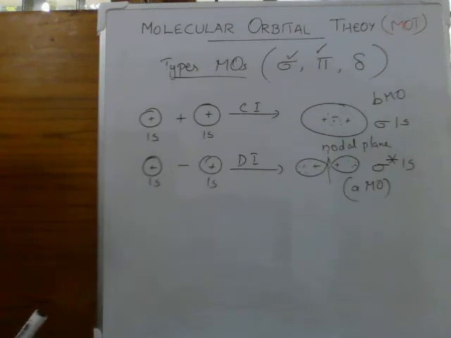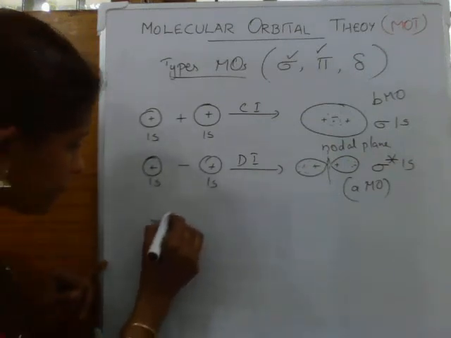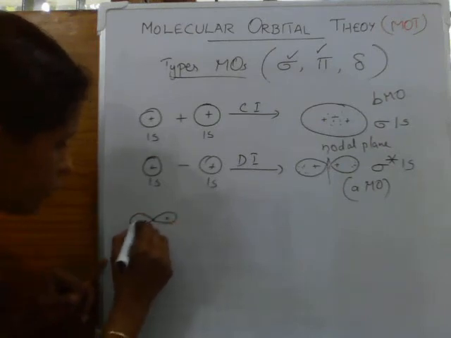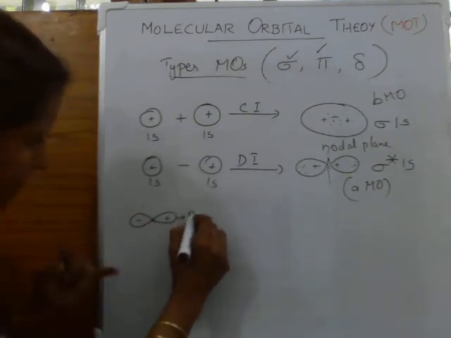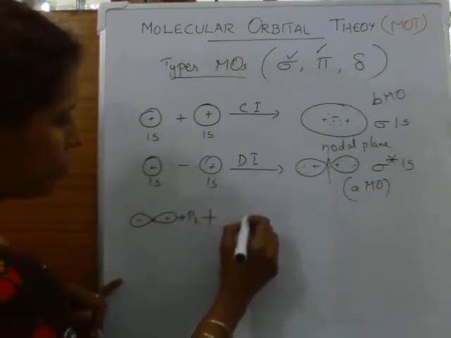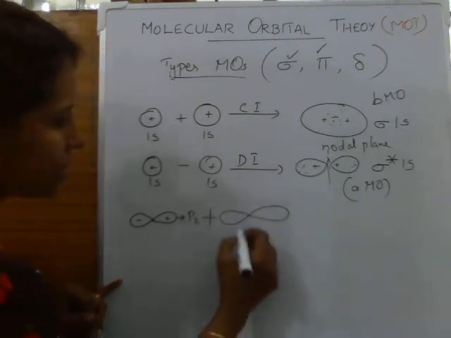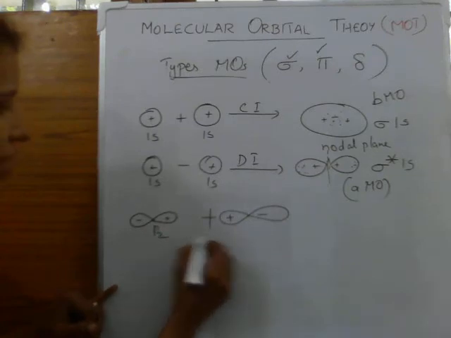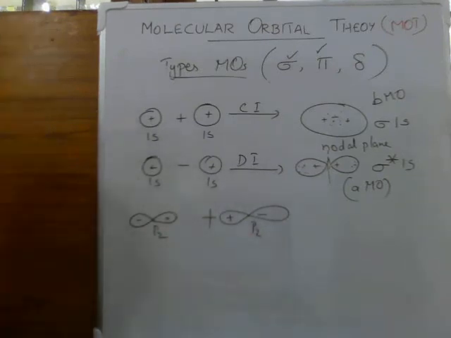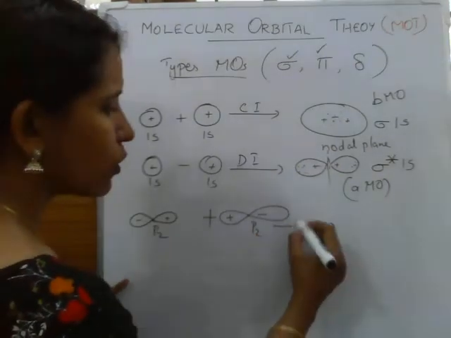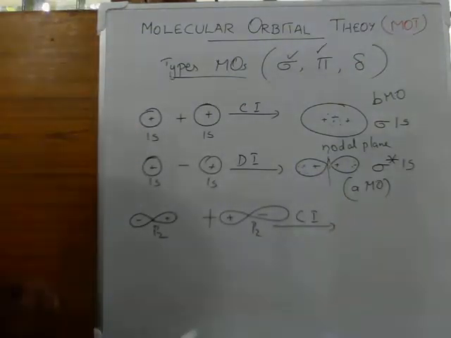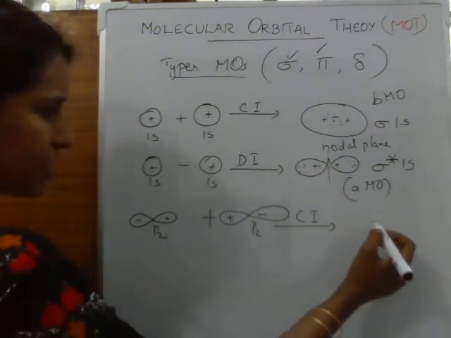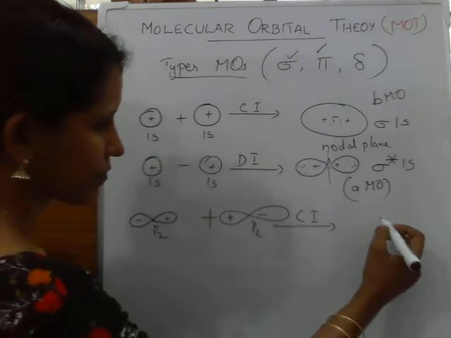Now let us take pz atomic orbital. This is the pz atomic orbital, positive lobe, negative lobe, plus one more pz atomic orbital, positive lobe, negative lobe. If they are added, or undergo constructive interference, let's see the arrangement in MO.